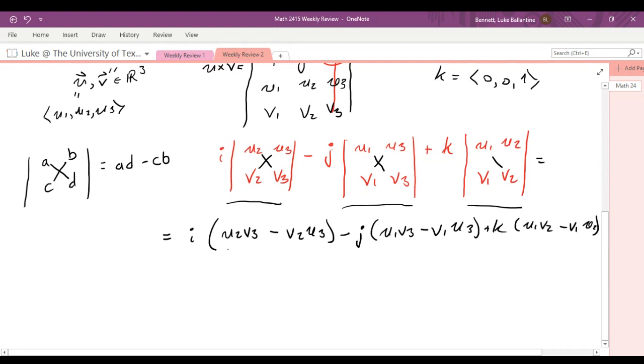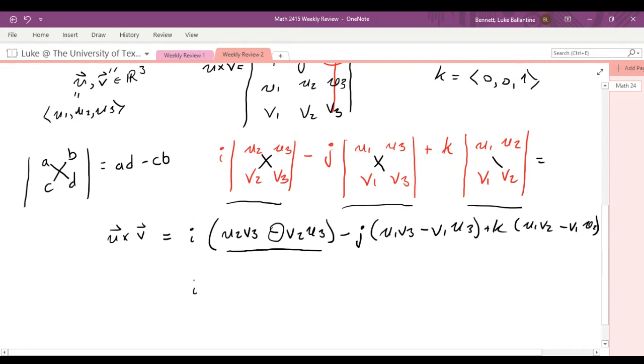If these were real numbers, I would do the subtraction, but I don't know what they are because I kept it arbitrary. So this is the cross product, u cross v.